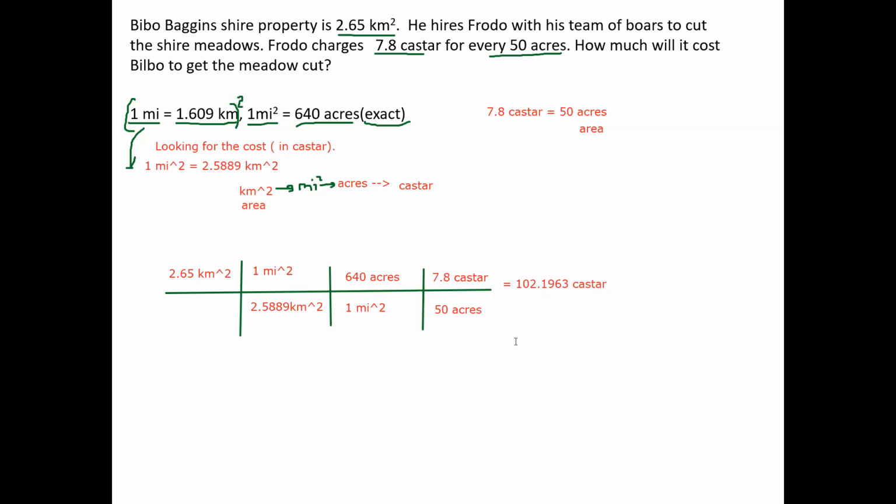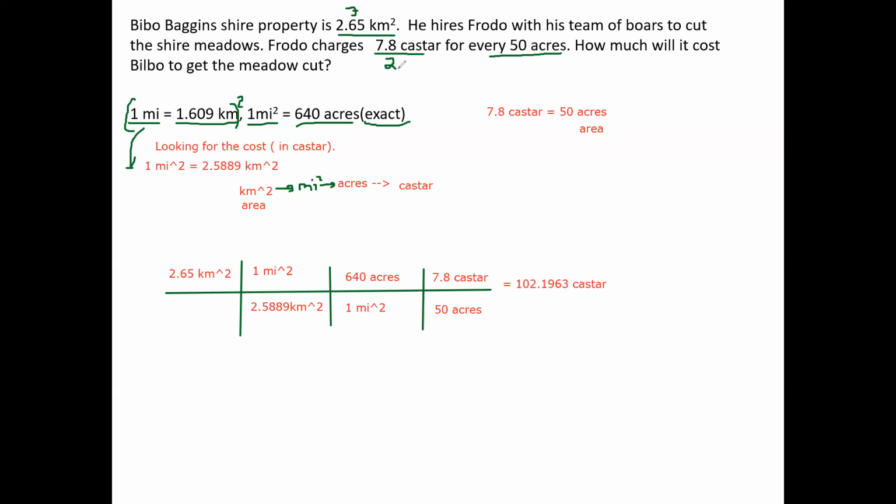We've got to round to the correct number of significant figures. So we look at our original numbers. 2.65 kilometers squared has 3 significant figures. 7.8 castar for every 50 acres.